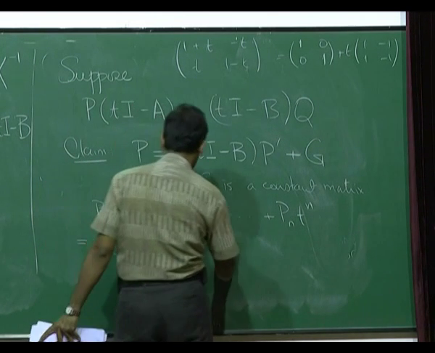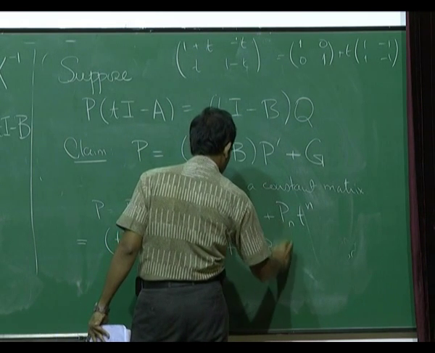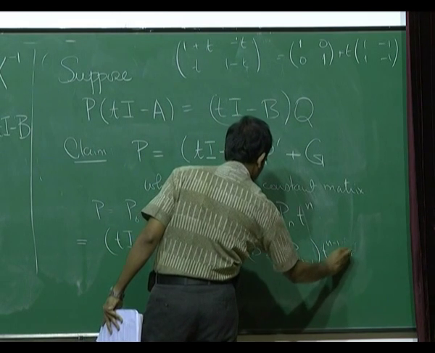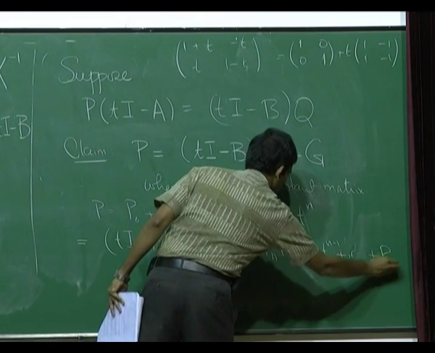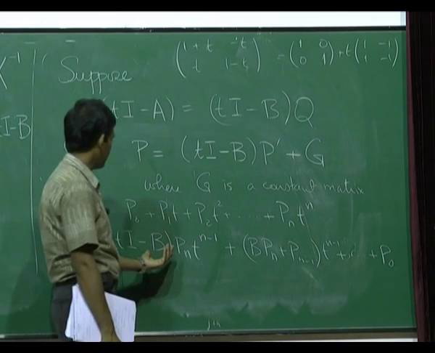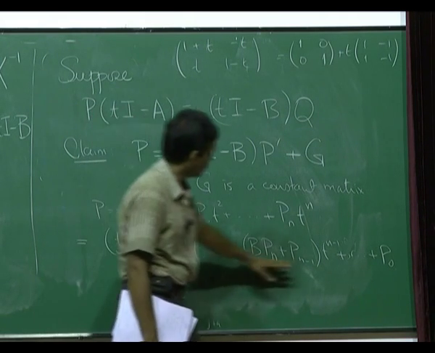So I must add that again. And then there is P_{n-1} t to the n minus 1 plus lower order terms all the way down to P0. So what I have done is I have somehow taken care of this piece, and now I have to work with this piece.